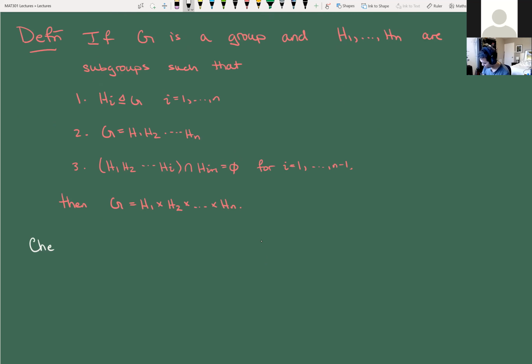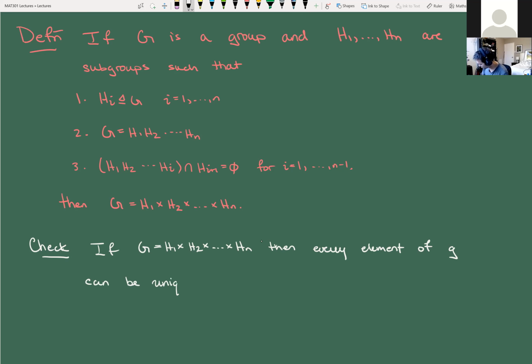Like so, okay? And once again, as an immediate result of this, you can check it for yourself: if G is H1 cross H2 cross ... cross Hn, then every element of G can be uniquely, that's important, uniquely written as G equals H1, H2 ... Hn with Hi in big Hi, right?